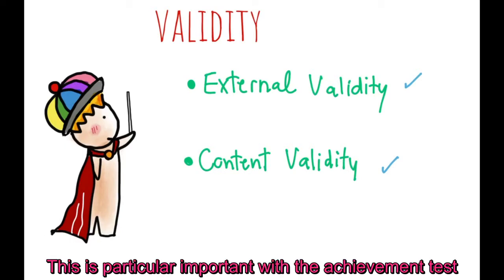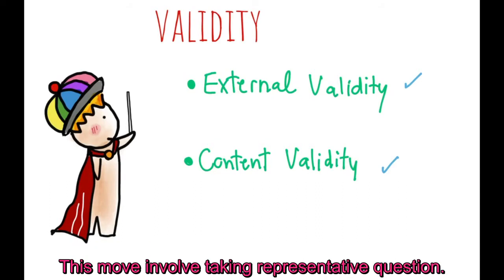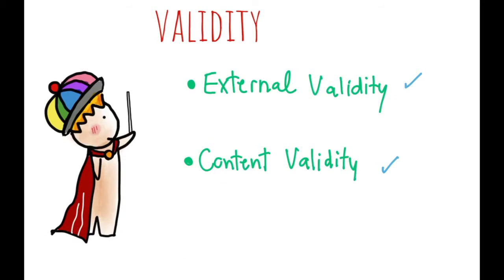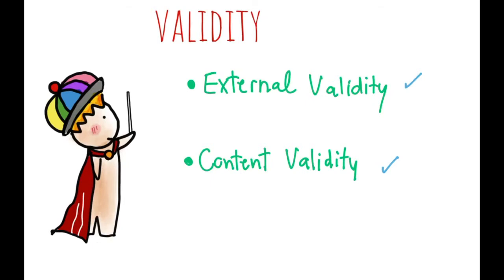This is particularly important with achievement tests. Consider that a test developer wants to maximize the validity of a unit test for 7th grade mathematics. This would involve taking representative questions from each section of the unit and evaluating them against the designed outcomes.